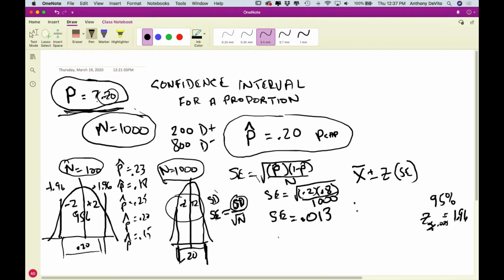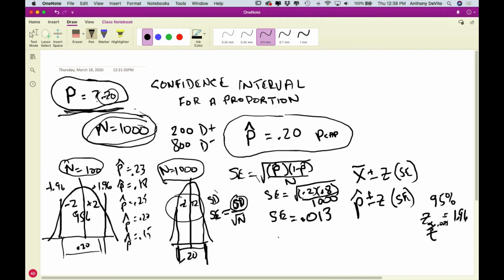Formula for a proportion is going to be P cap plus or minus the Z value. And again, this could also be a t-score instead with a numerical variable, times our standard error. So in the case of a proportion, most of the time we're dealing with a very large sample size. Even 100 is a pretty big sample size.